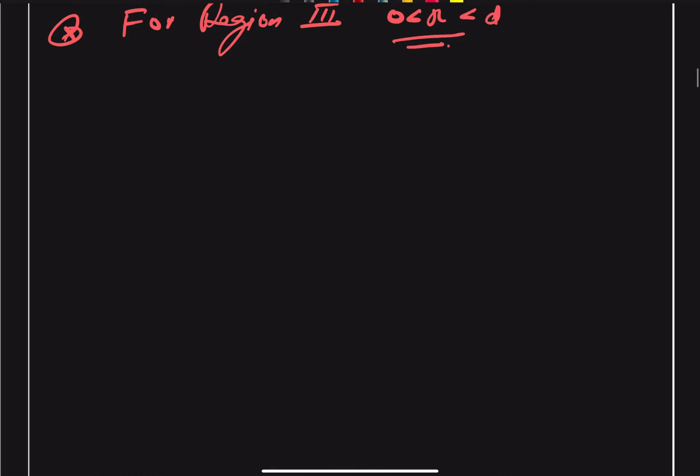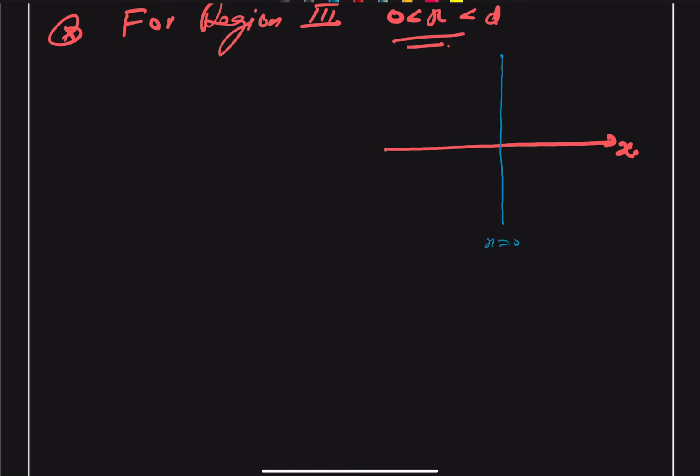So if we draw a rough figure, once again we have an x-axis and we have a middle wire that is at x equal to 0.